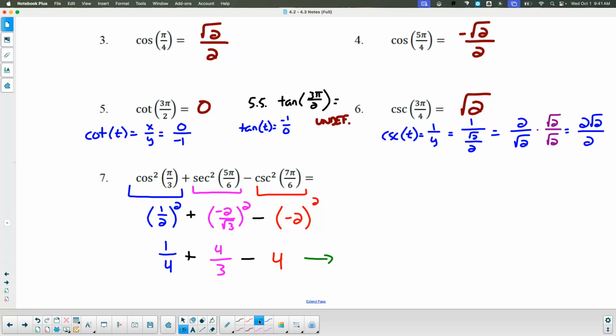Okay. So 1/4 is 3/12. 4/3 is 16/12. And 4 is 48/12.